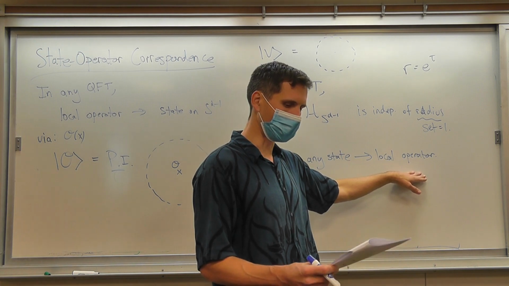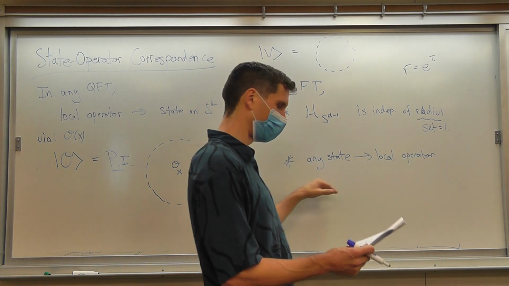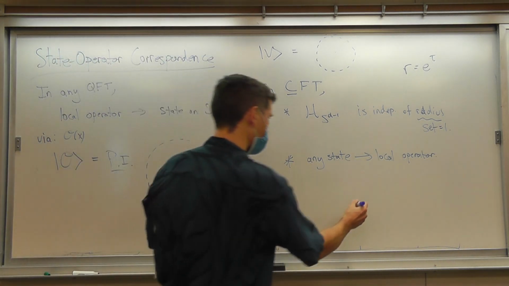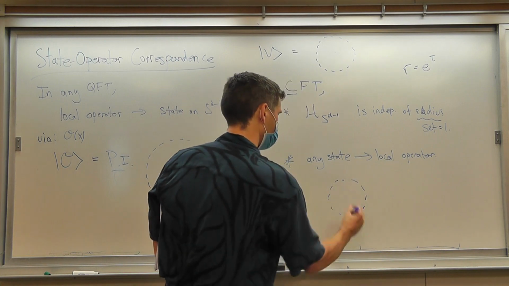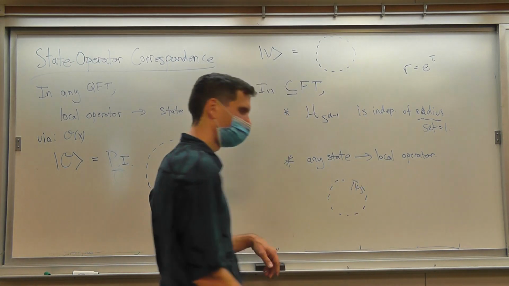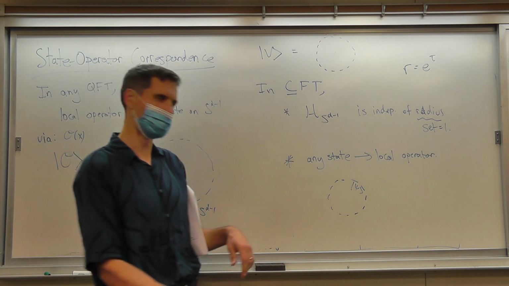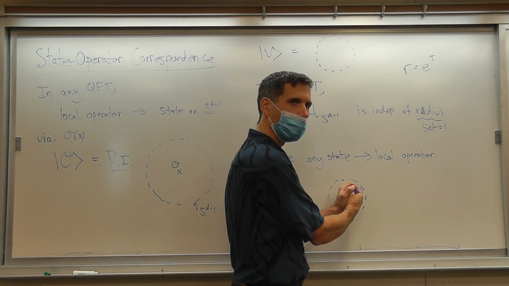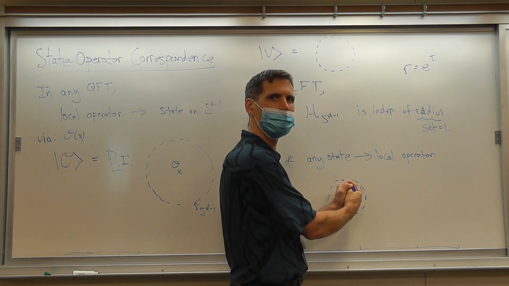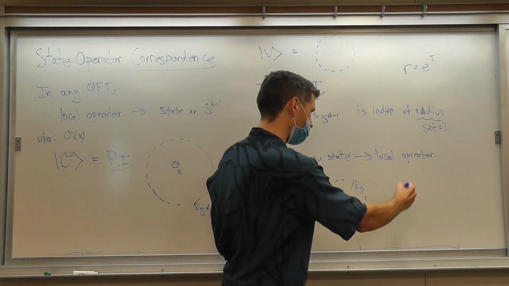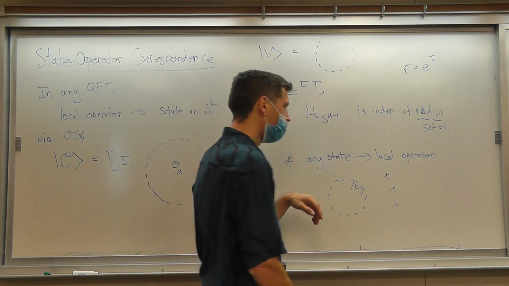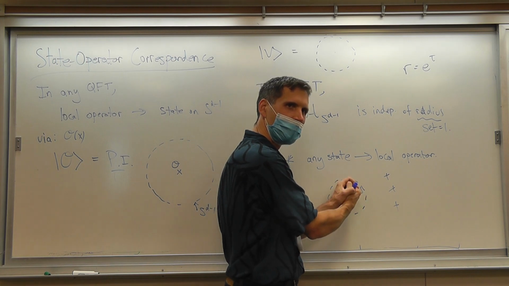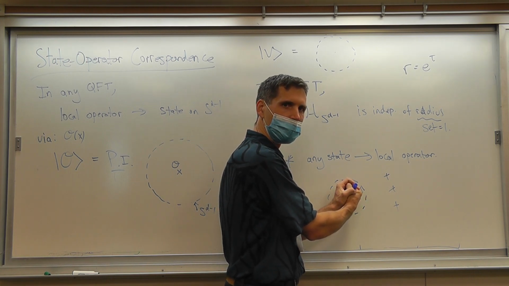The reason for this is that you can take a state psi defined on the sphere. In CFT, we can use dilatations to shrink it down to a point and insert it into a path integral somewhere. If we have some path integral with some other stuff out here, then we can use dilatations to shrink this down, and it now lives at a point.